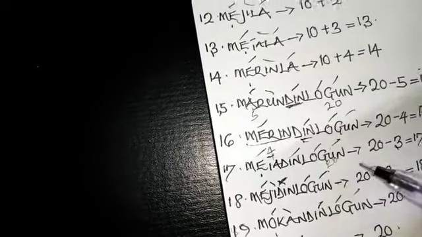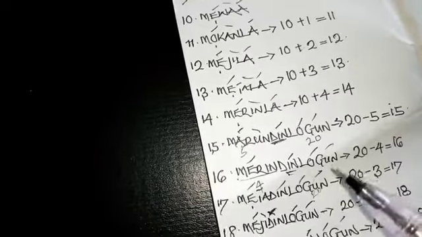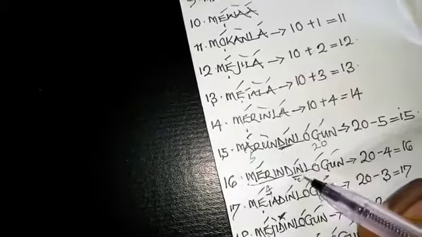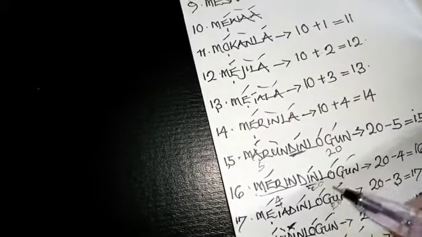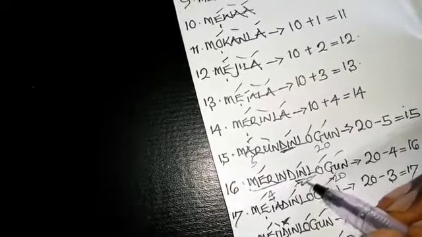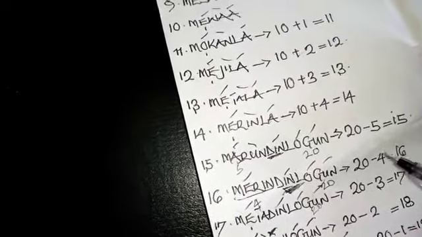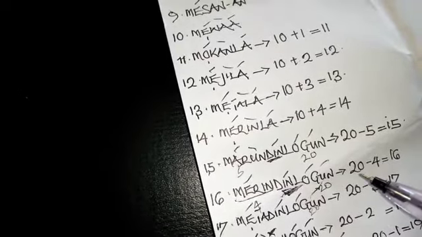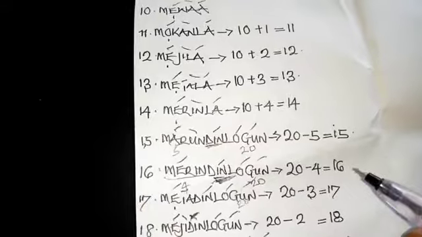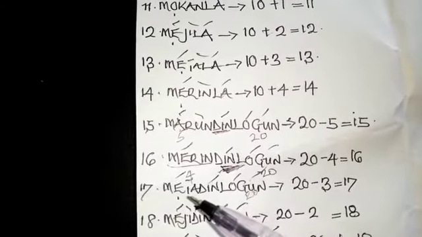Don't forget, ogún means 20. Dín means minus. That is, 4 minus 20, it gives us 16.